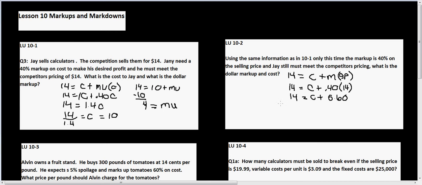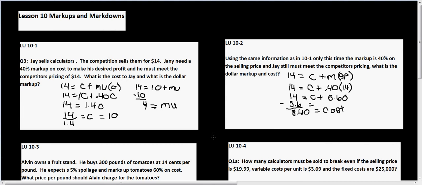So $14 minus $5.60, I'm going to get $8.40 equal to my cost. So with a selling price of $14, he's got a cost of $8.40 and a profit, or a markup, of $5.60.